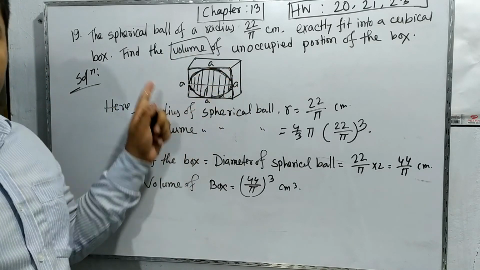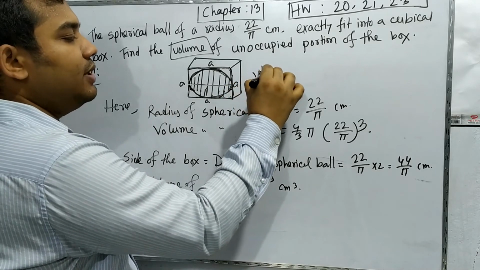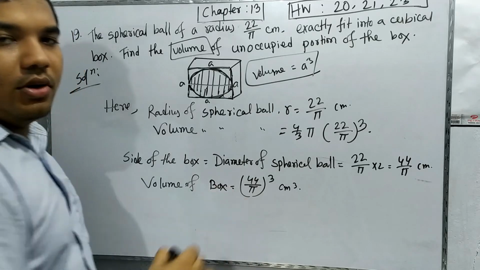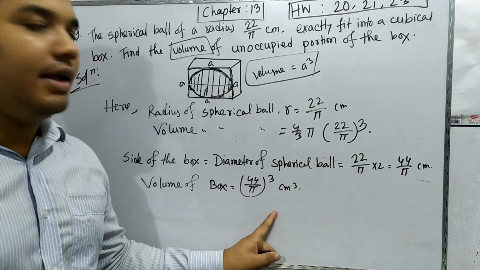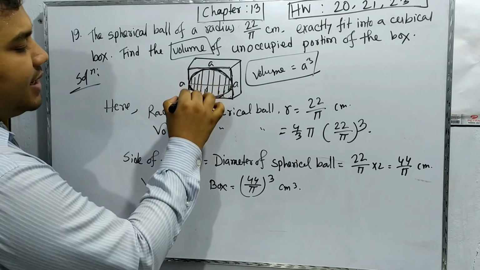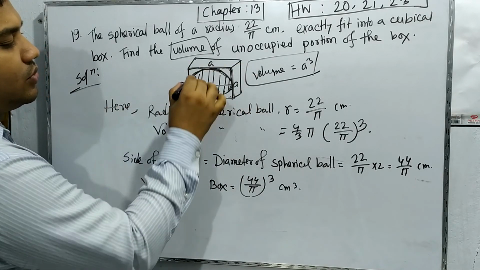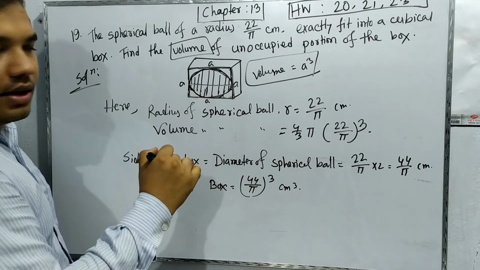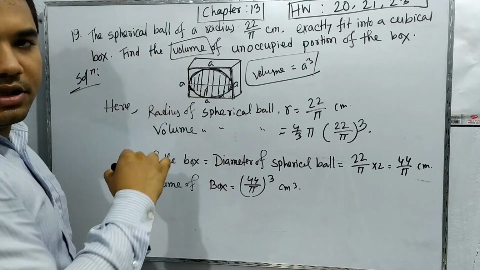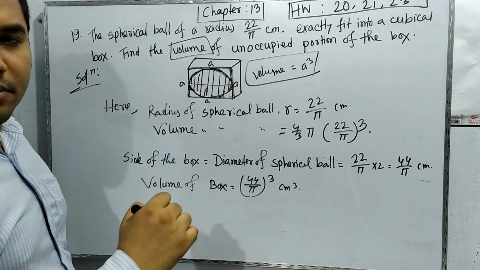Because this is a cube, and we know the volume of a cube is a cube. We are using this formula here. Now we subtract the spherical ball from this box, and then we will get the unoccupied portion.